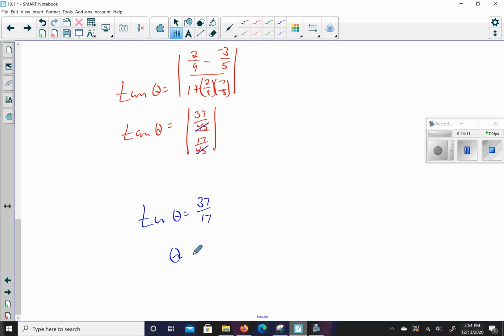So theta in radians is equal to 1.1401, and then as degrees, 65.32 degrees.